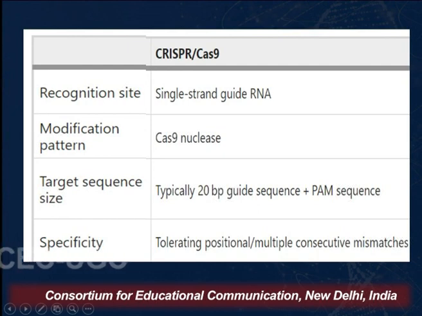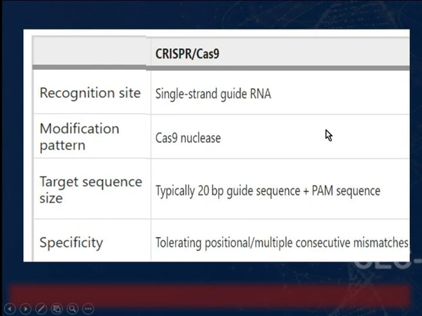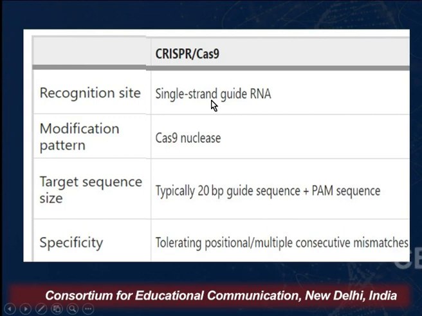So, this specificity, that where our target is, how it is going to go and bind to that target, is one aspect that needs to be present as a characteristic in the CRISPR-Cas9. So, in case of CRISPR-Cas9, the recognition site is a single strand guide RNA. We will discuss about this.